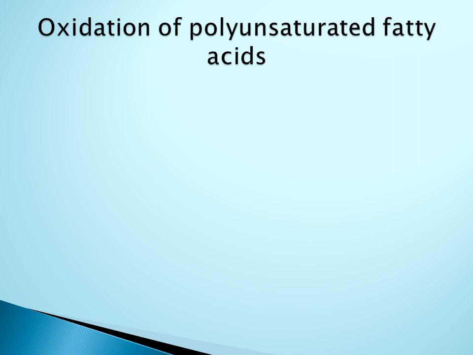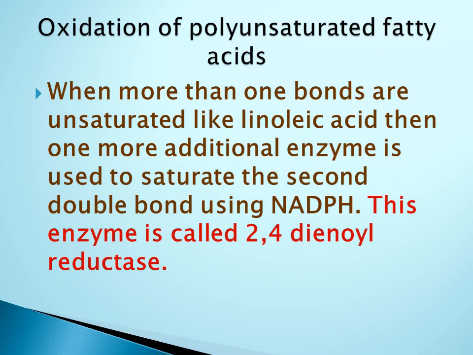When polyunsaturated fatty acids having more than one double bond undergo beta oxidation, there is a requirement of one more additional enzyme apart from enoyl coenzyme A isomerase. This additional enzyme is called 2,4-dienoyl reductase.